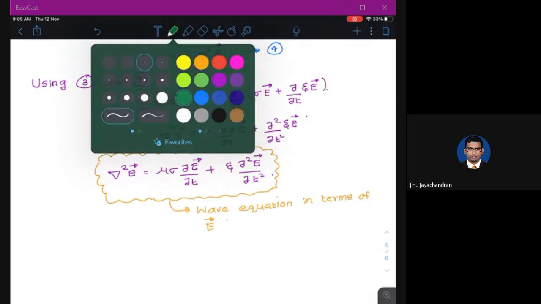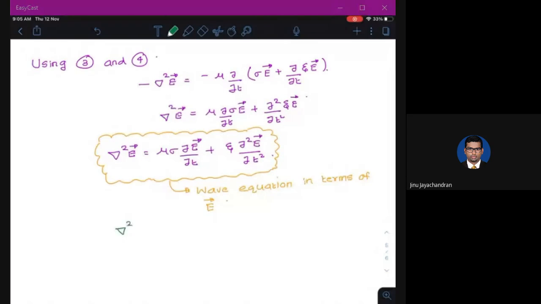So I can write del square H. So using similar steps, we can derive del square H is equal to mu sigma dou H by dou T plus mu epsilon.